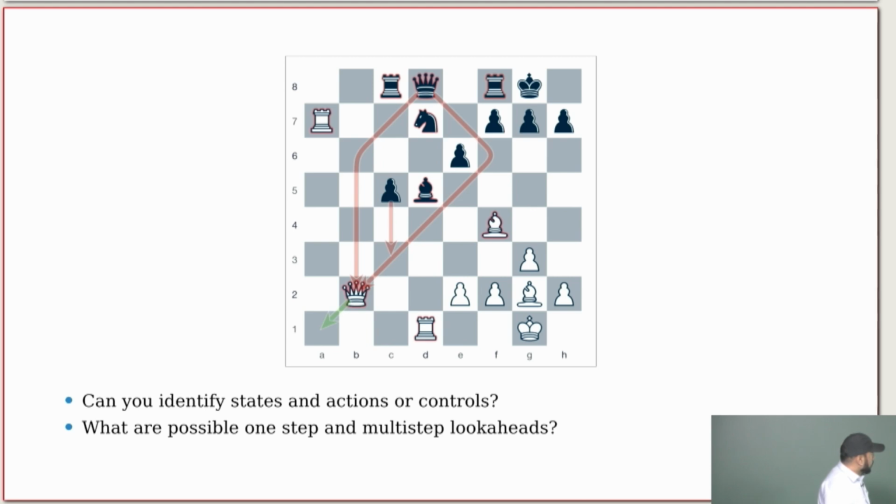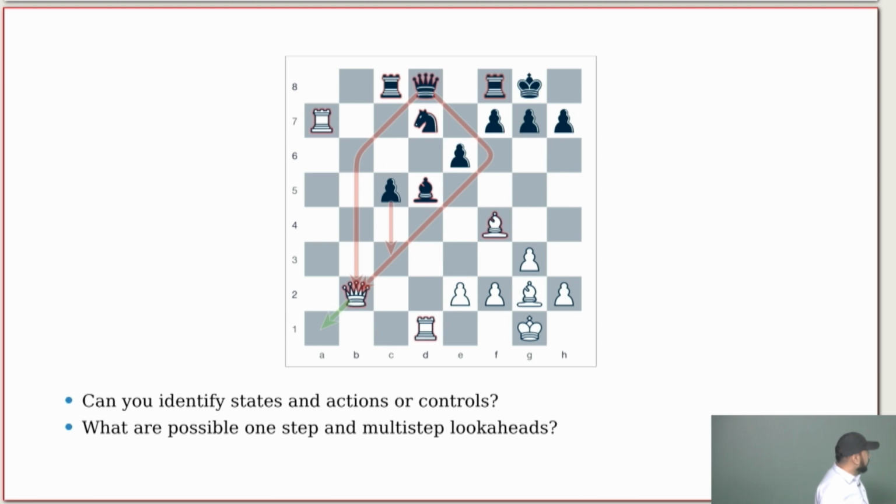If you are just looking at one step, and your reward is that if you kill something, you get a nice momentary reward, let's say. So in that case, this is the white piece, and you can kill this one.